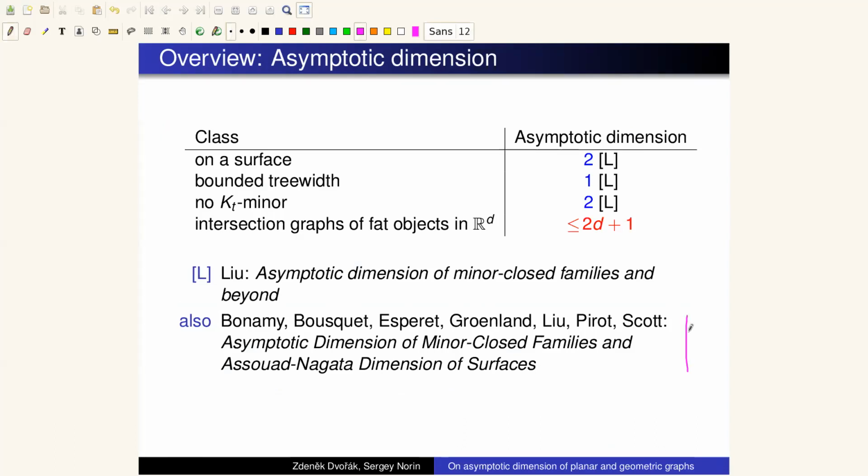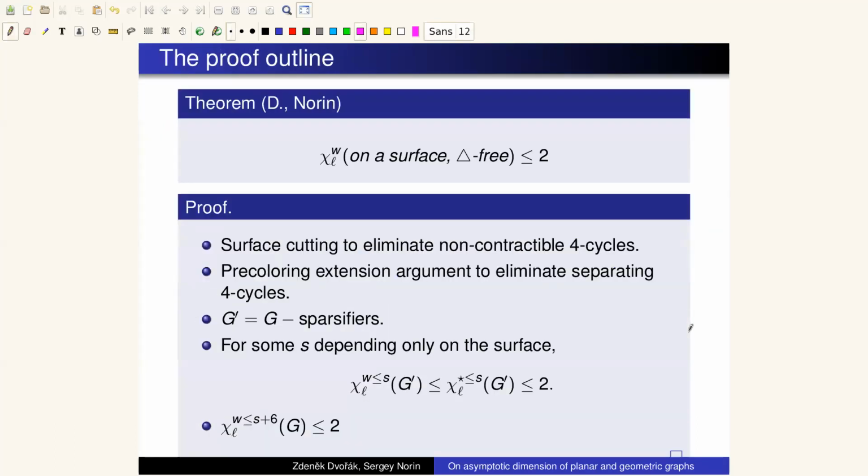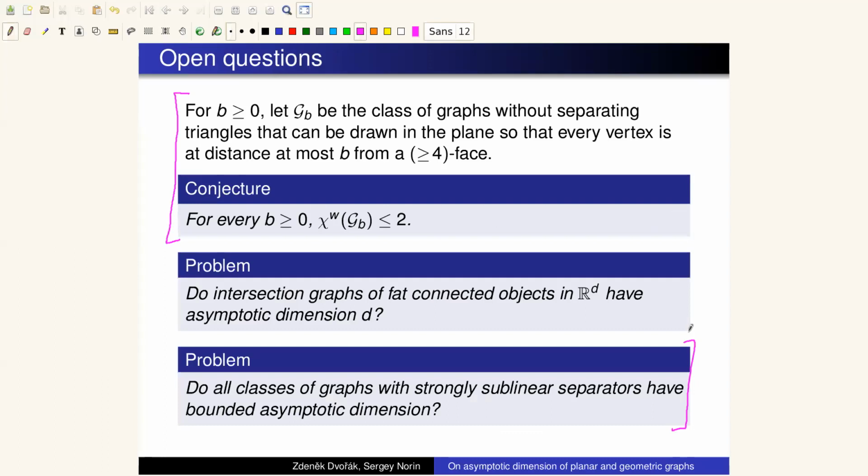In particular, in this paper, they mention this question, whether it is true that, I guess I should have put here hereditary classes of graphs with strongly sublinear separators have bounded asymptotic dimension.